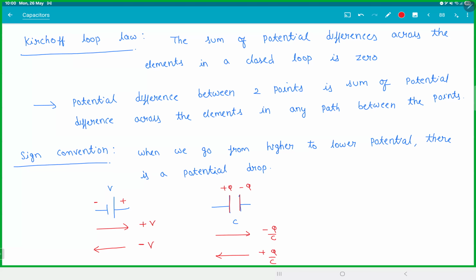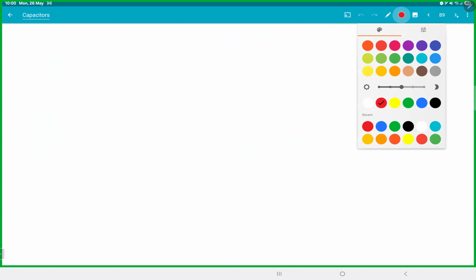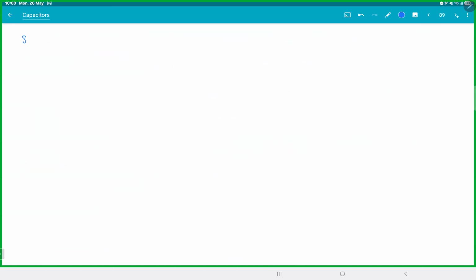Now, how do we solve the circuit? First thing, if there's more than one battery, it doesn't matter.